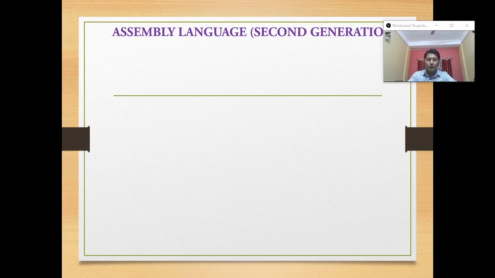Unlike the machine language, assembly language uses the mnemonic codes or a symbol in place of 0 and 1.